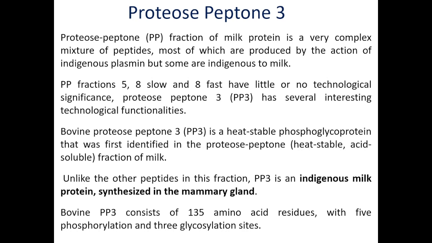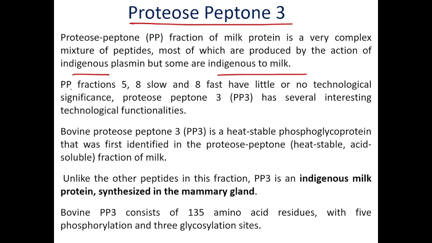Now there is another component of the proteose peptide fraction, which is called pp3. The proteose peptide fraction of milk protein is a very complex mixture of peptides, most of which are produced by the action of indigenous plasmin, but some are indigenous to milk. The pp3 fraction is indigenous to milk.